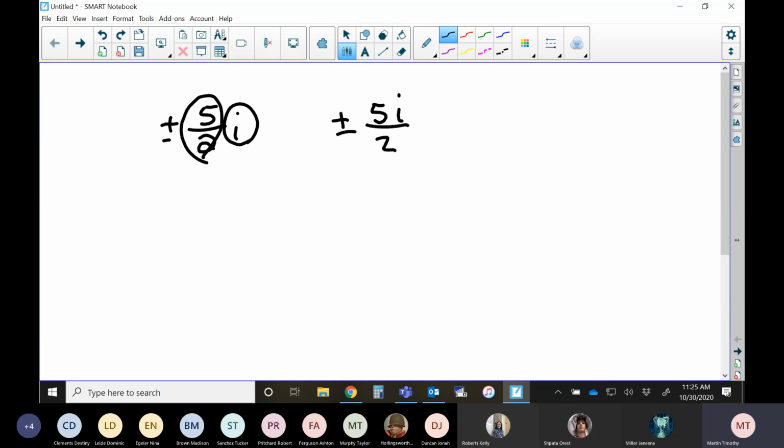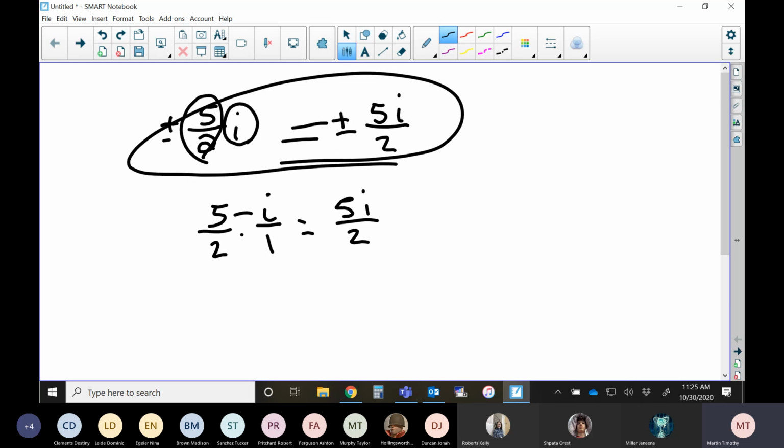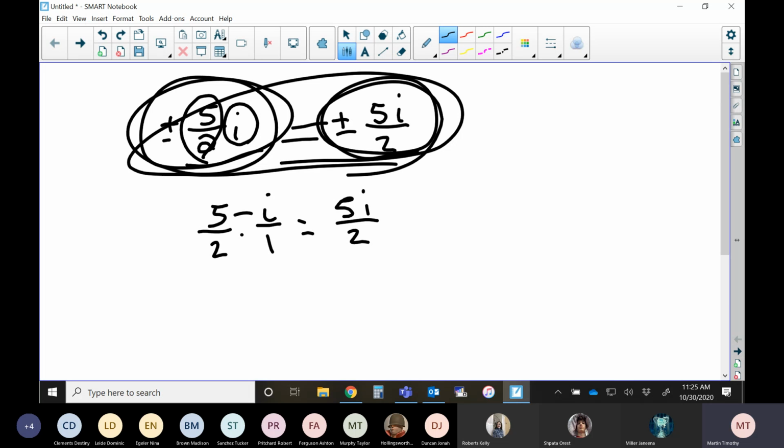You write 5/2 times i over 1, because you can write any number as a fraction, just throw it over 1. You've been told that since middle school probably. Then you multiply top times top, 5i, over 2 times 1, which is 2. These two things are equivalent. They're just different ways of writing it. You might see it like this on the SATs, or you might see it like this. You need to know both of them. They are the same exact number.